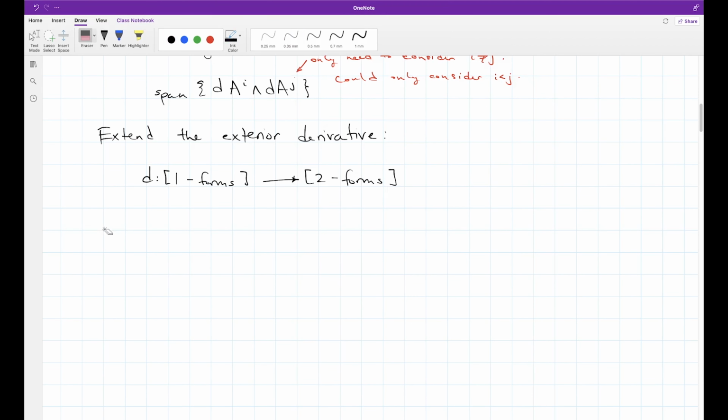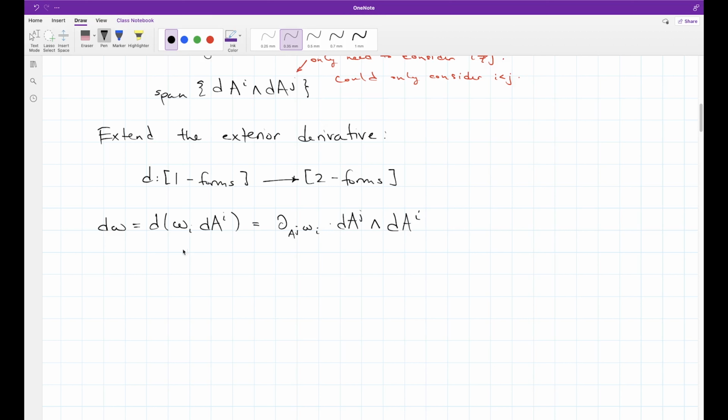Well, if we act by d on omega, we know that omega has an expansion in the basis. So that will be omega_i dA_i. And now we can be a little bit more specific. This is going to equal the partial with respect to A_j of omega_i times dA_j wedge dA_i.